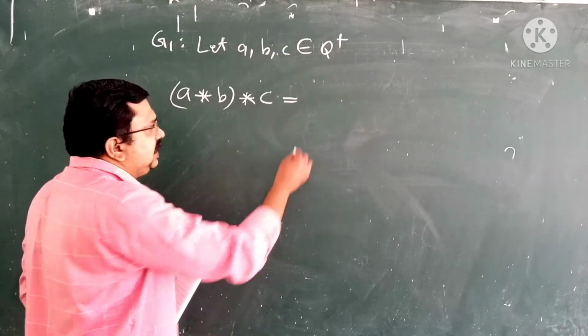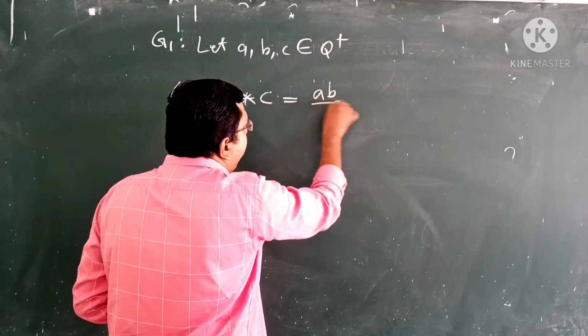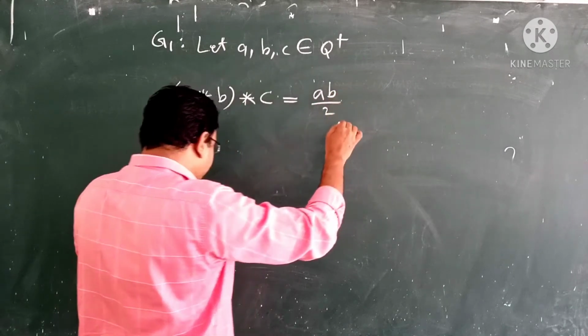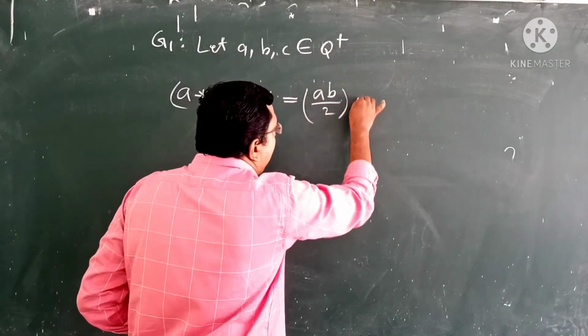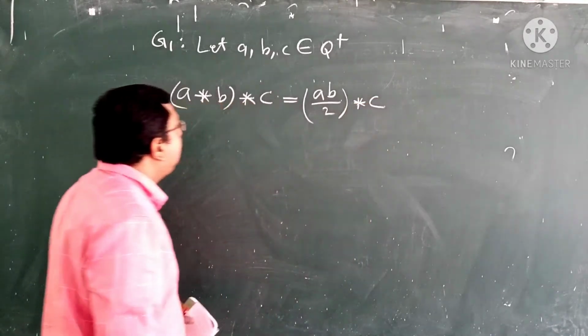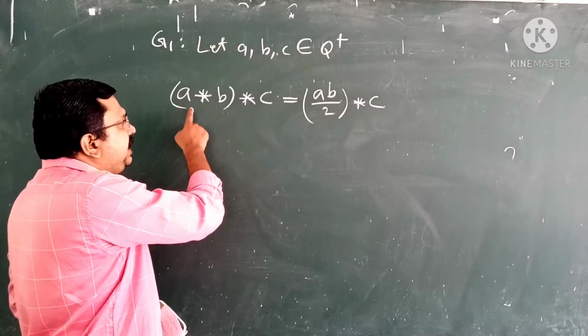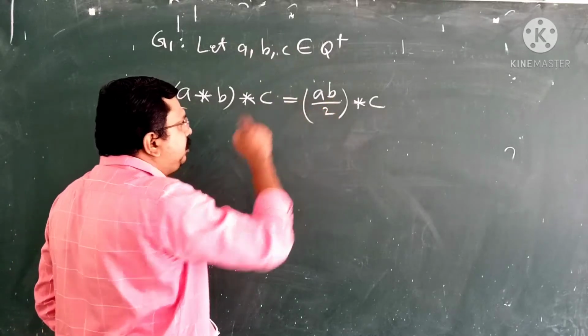We know that a star b is ab by 2. So ab by 2 star c. We know that a star b is ab by 2.